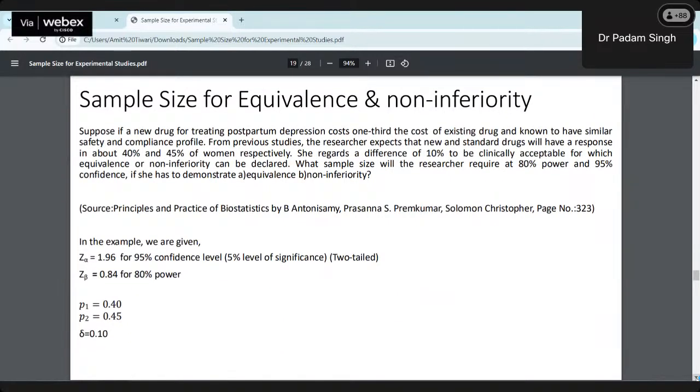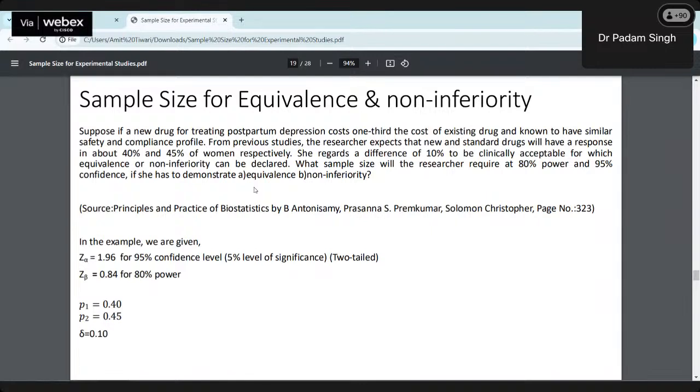Now, sample size for equivalence trial first, then non-inferiority. Suppose, see the example. A new drug for treating postpartum depression costs 1/3 the cost of existing drug.